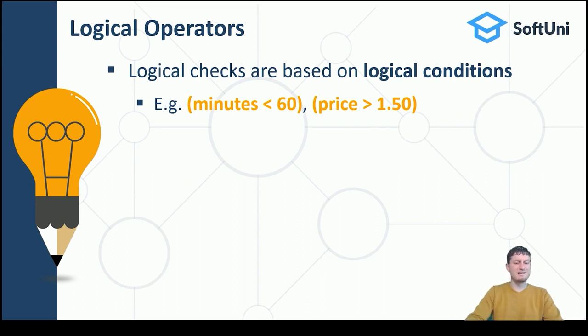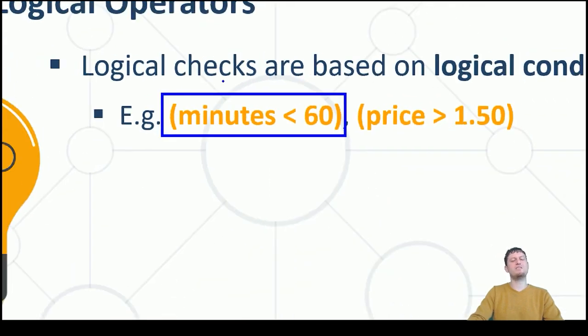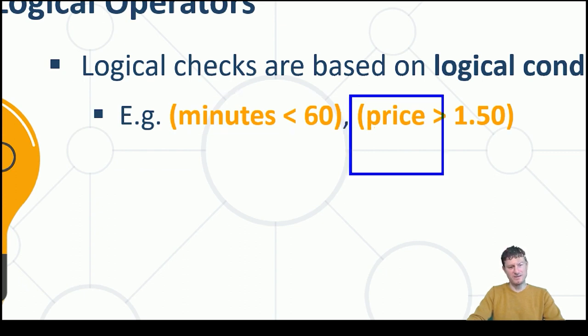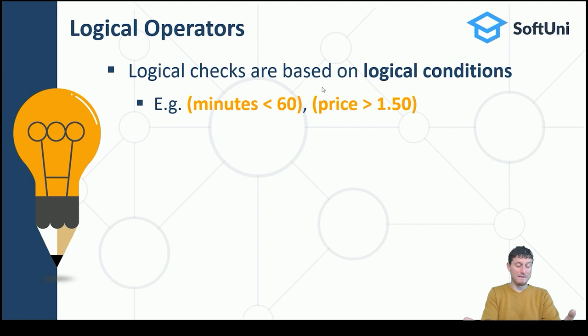Things like check whether the minutes are less than 60, or check if the price is bigger than 1.50. This is called a logical check or logical condition. But this is a simple logical condition. Just value, comparison operator, another value.